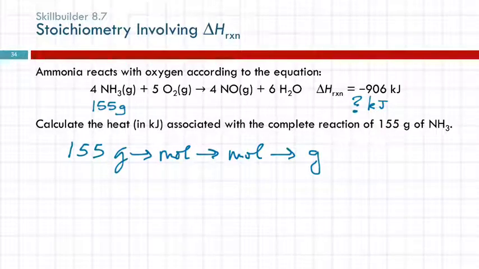We can skip this part, and we can go directly to kilojoules, because we can relate this to any of these in moles. All we have to do is get our 155 grams of ammonia to moles, and then we can go directly from moles of this to kilojoules.